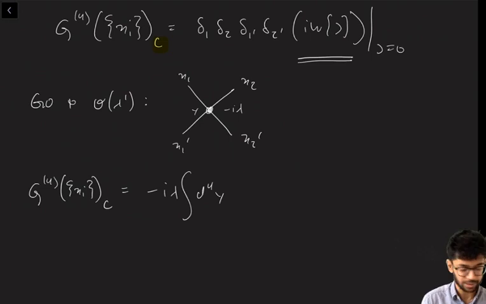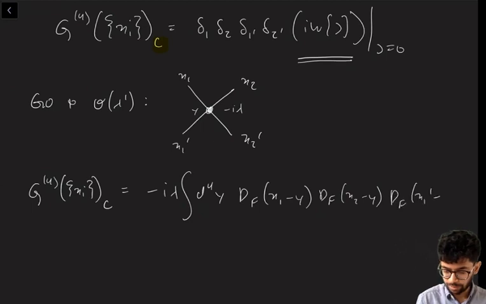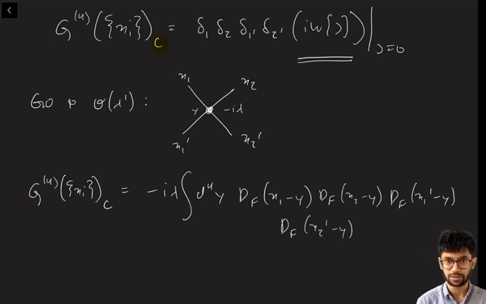This point you can think of as y, which is being integrated everywhere. And then there's a bunch of propagators. There's a propagator from x1 to y. There's a propagator from x2 to y. There's a propagator from x1 prime to y, and finally there's a propagator from x2 prime to y. Okay? But these are these 4 propagators here that I've just drawn.